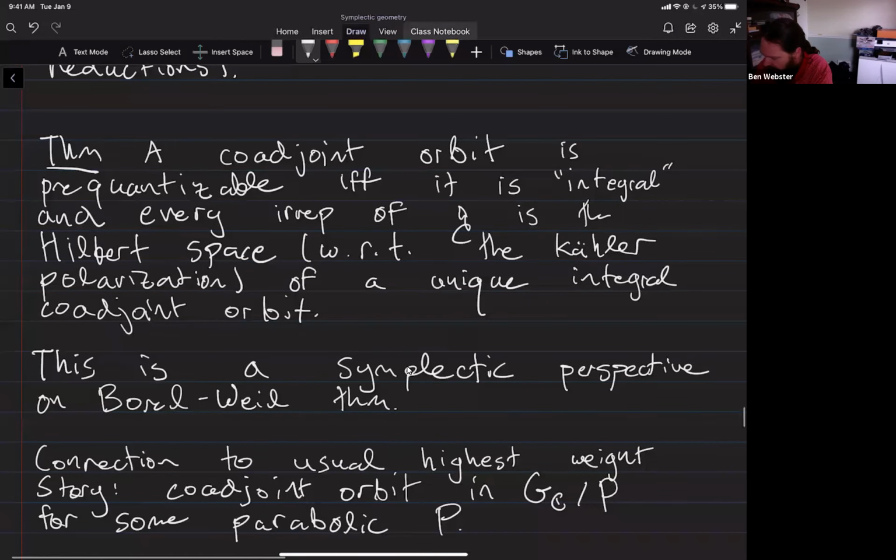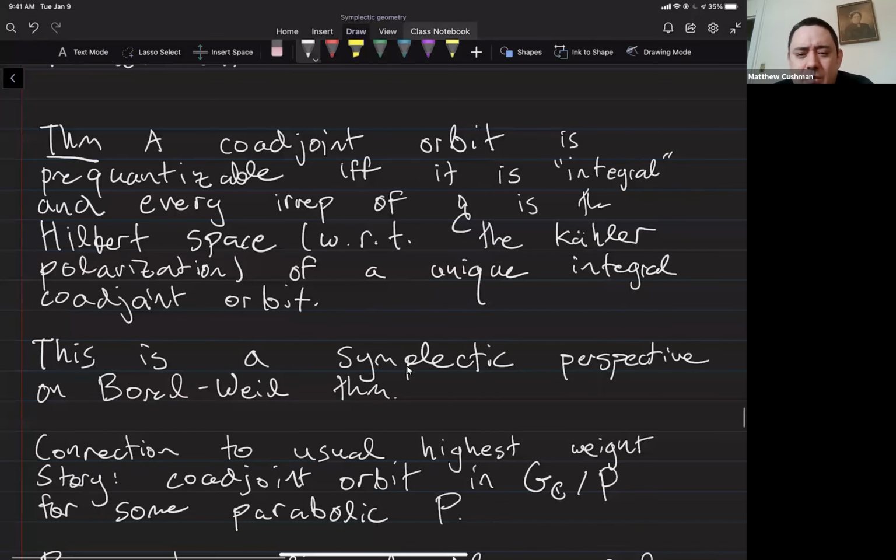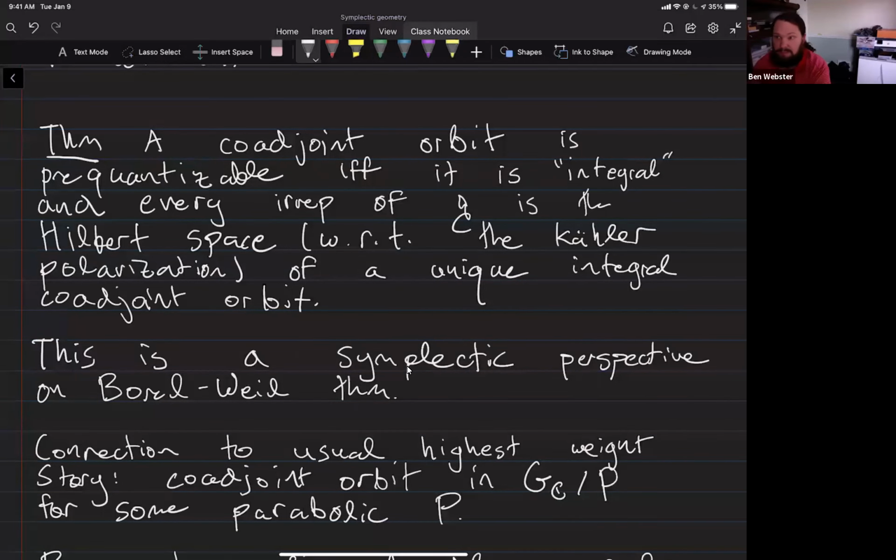All right, cool. So could you remind me what the Borel-Weil theorem is again? It's basically this theorem. If you go look up what the Borel-Weil theorem is on Wikipedia, I haven't actually done that, but I assume it'll tell you that every irreducible finite dimensional representation, they'll probably say of a complex semi-simple group, but of course that has a maximal compact, is the sections of a line bundle on the flag variety.